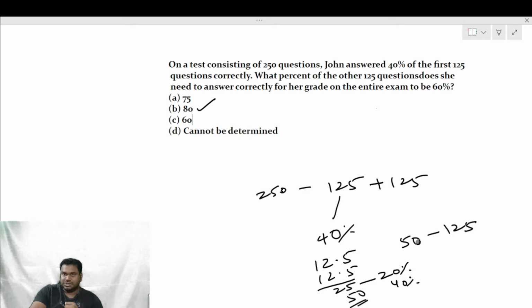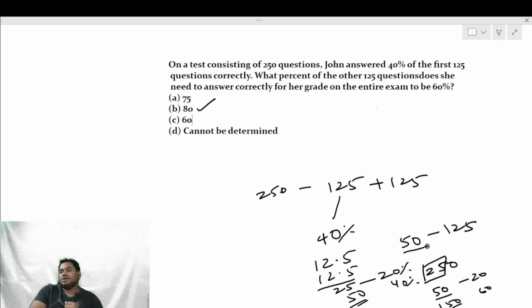But overall she should get 60%. 10% of 250 is 25, 20% is 50, 60% is 150.